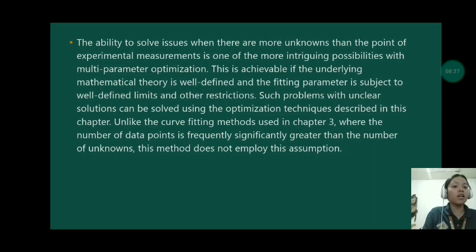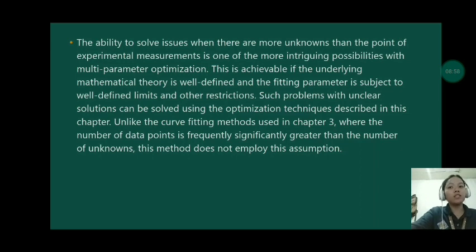Unlike the curve fitting method used in chapter 3, where the number of data points is frequently significantly greater than the number of unknowns, this method does not employ that assumption. One of the more exciting applications of multi-parameter optimization is the capacity to handle problems where the number of unknowns exceeds the number of experimental observations.